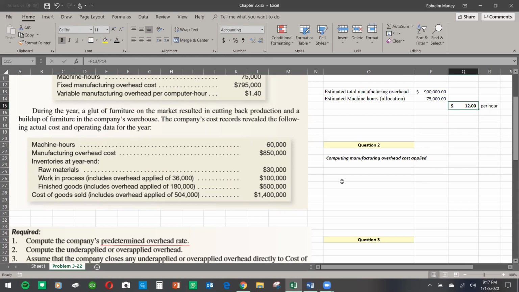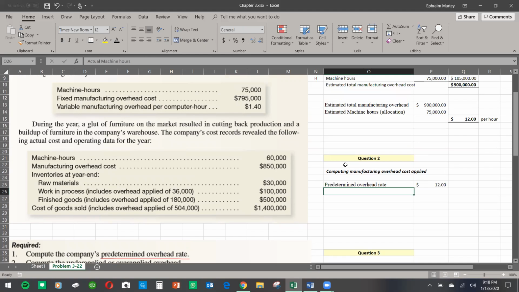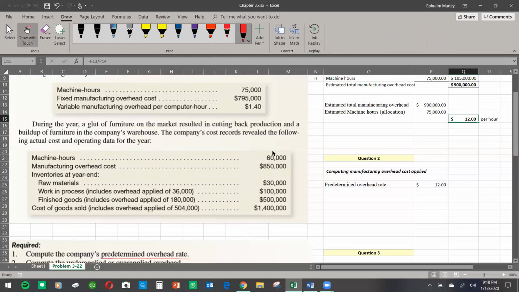So to compute that, we first need to use the predetermined overhead rate, which was $12, times the actual hours that were incurred. How many hours were incurred here? We assumed that every 1 hour the cost is $12, and here we spend 60,000 hours, so we multiply that by the $12.